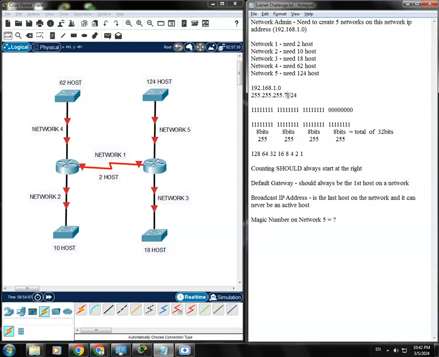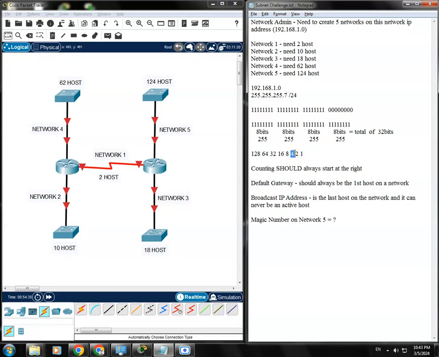Since this is number 7, let's go back to the pattern. We need to get a total of 7 using this pattern. So how are we going to do that? Well, we cannot use 16, obviously we cannot use 32, but we can use 4, and we can use 2 and we can use 1 to get a total of 7.